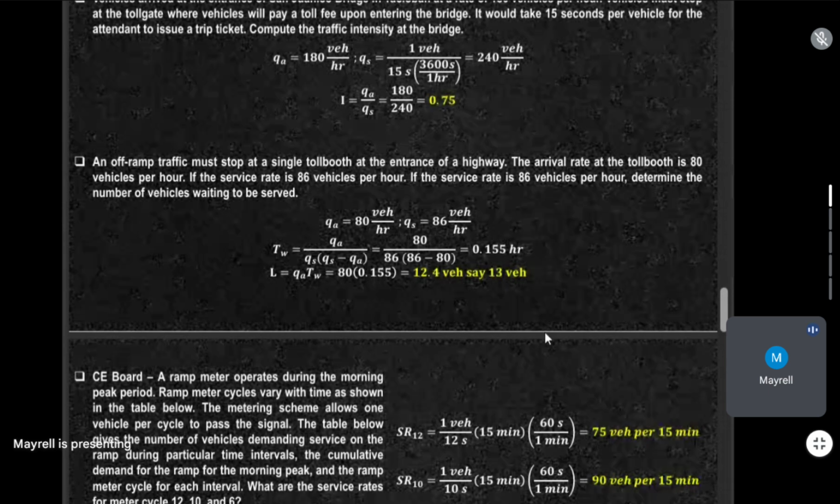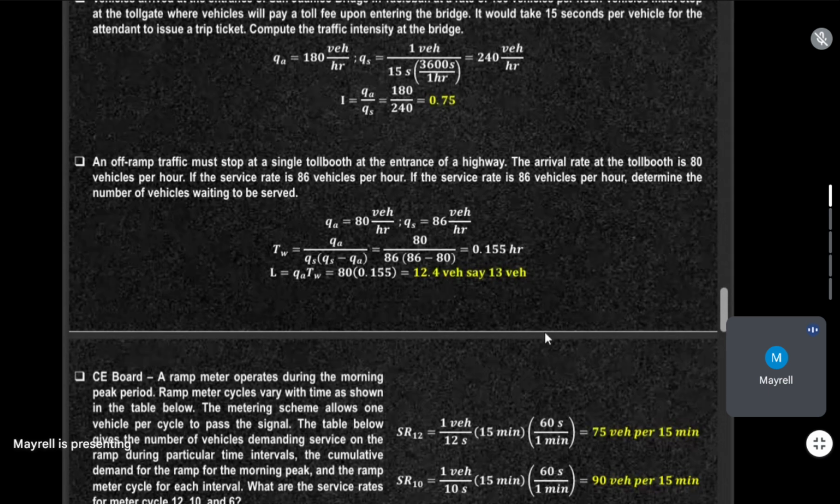Vehicles arrive at the entrance of San Juanico Bridge in Tacloban at a rate of 180 vehicles per hour. Vehicles must stop at the toll gate where they pay a toll fee upon entering the bridge.